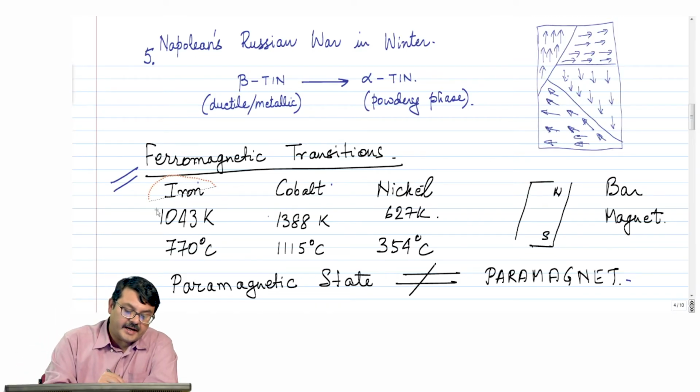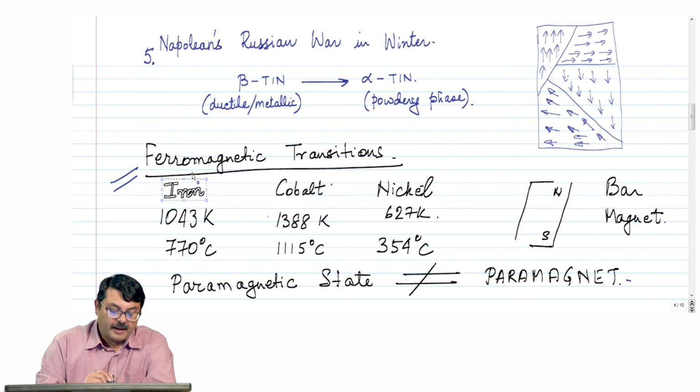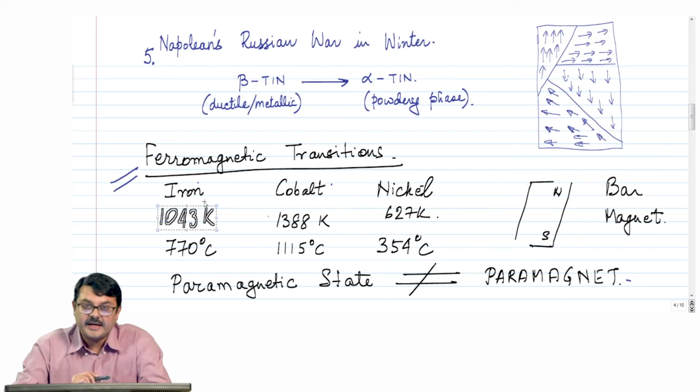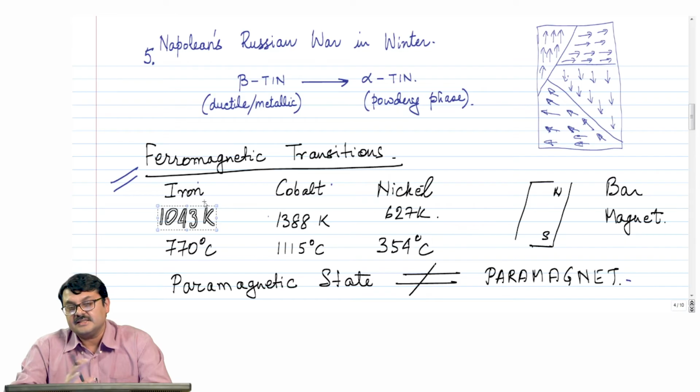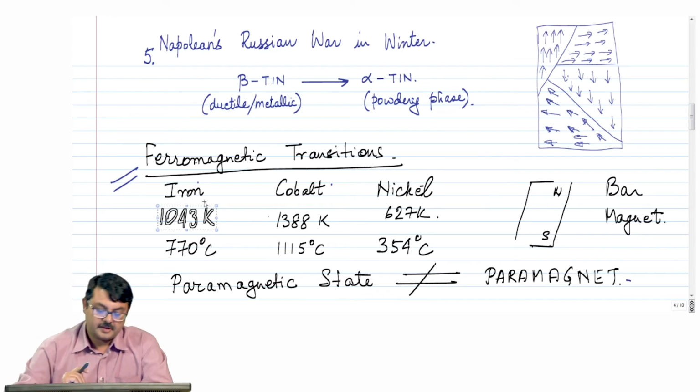But if you heat iron above 770 degrees centigrade, which is 1043 Kelvin, you will see that the magnetized iron rod loses its magnetic properties. It does not show any net magnetic moment, and the question is how and why, what is happening within the iron that it is unable to show its magnetic properties.